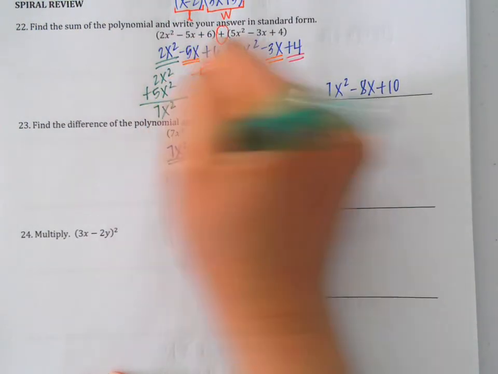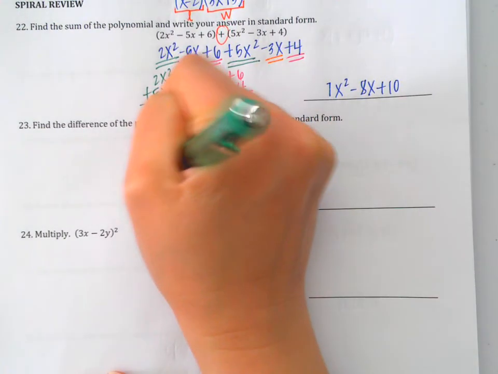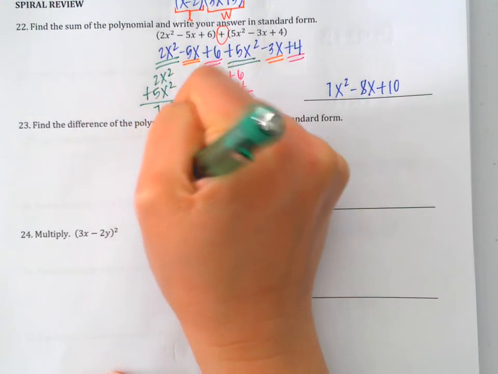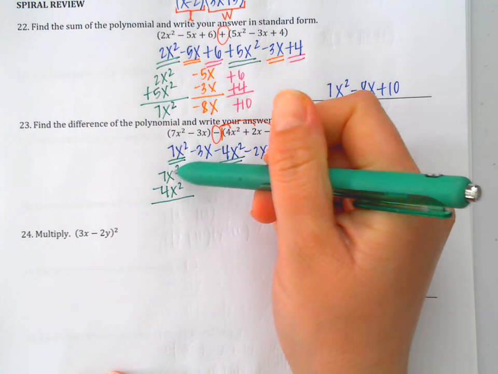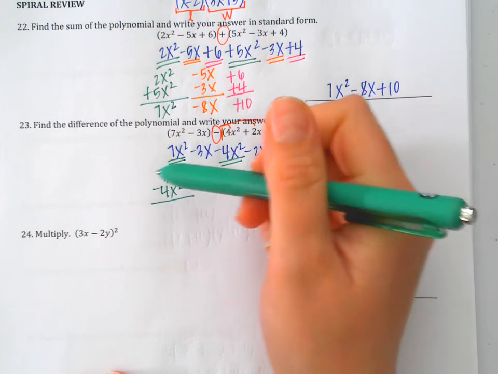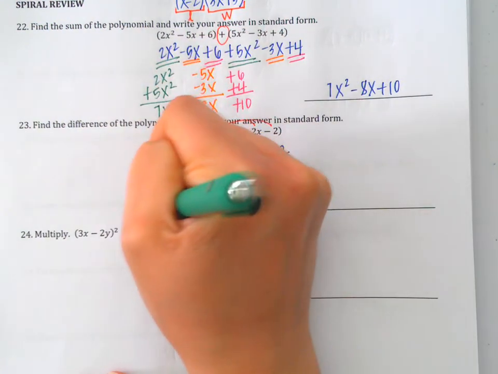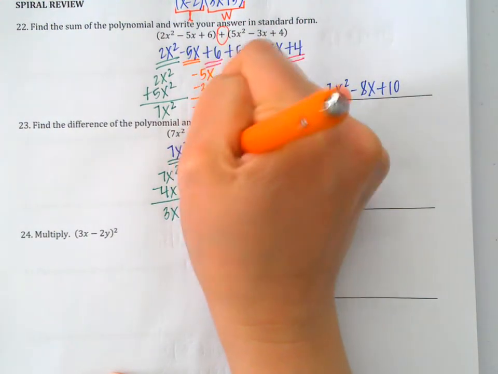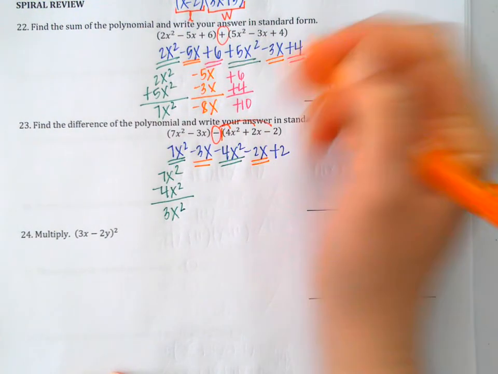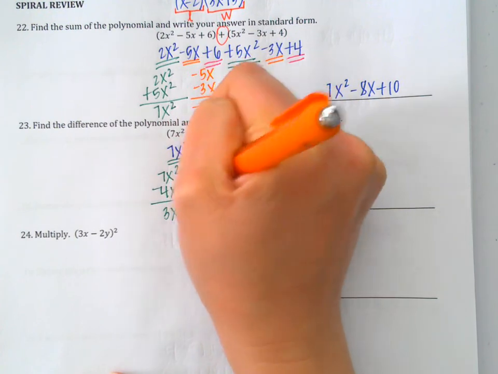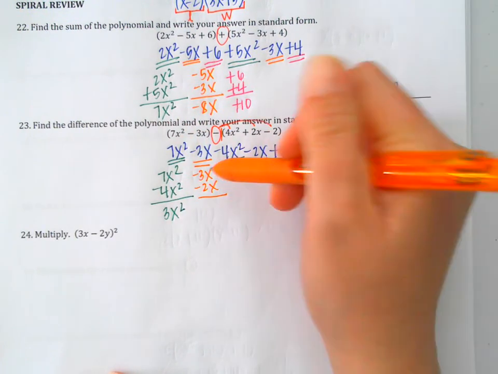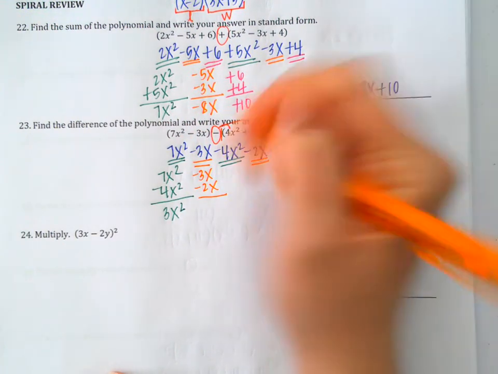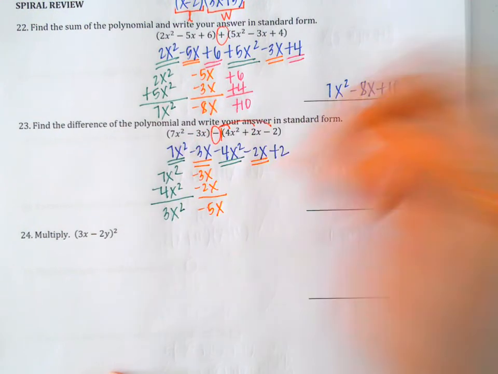So 7x squared minus 4x squared. They have the same variable, the same exponent. So 7 minus 4 is 3x squared. And then negative 3x minus 2x. Same variable, negative 3 plus negative 2 is negative 5x.